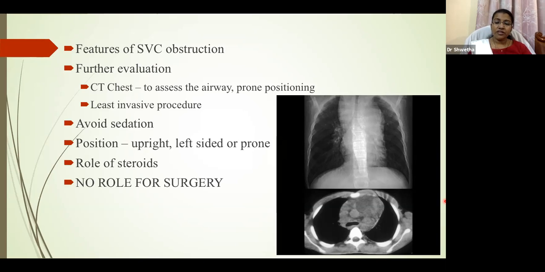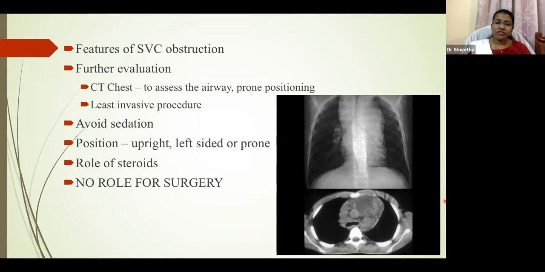And one major thing that we have to know is that you have to avoid sedation in these patients. The reason for that is in a patient with mediastinal mass, the only thing that may be keeping the trachea patent is the normal tracheal tone. If you give deep sedation to a patient who has a mediastinal mass, there will be a loss of that tracheal tone, leading to a sudden compression of the trachea, and the patient can go into sudden dyspnea.